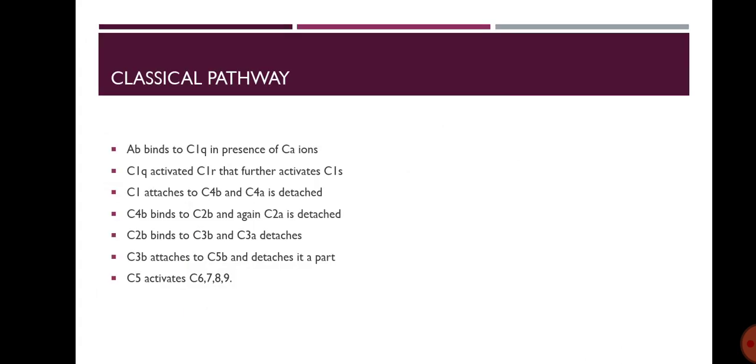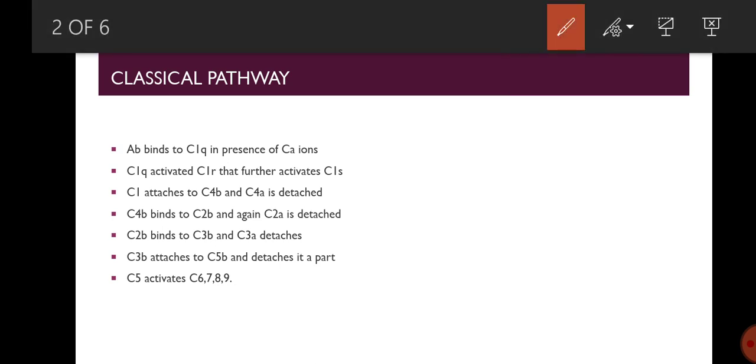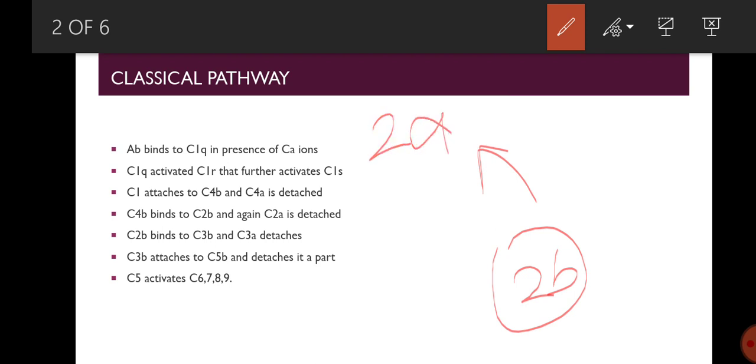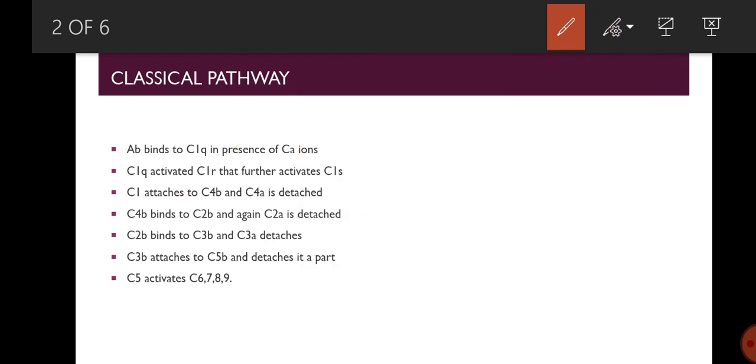Then C4b will activate C2, and again here is C2b, and it will leave its A part, C2a. This is C2b. Then comes C3. C2b will cause the activation of C3 and will cause the detachment of C3a.